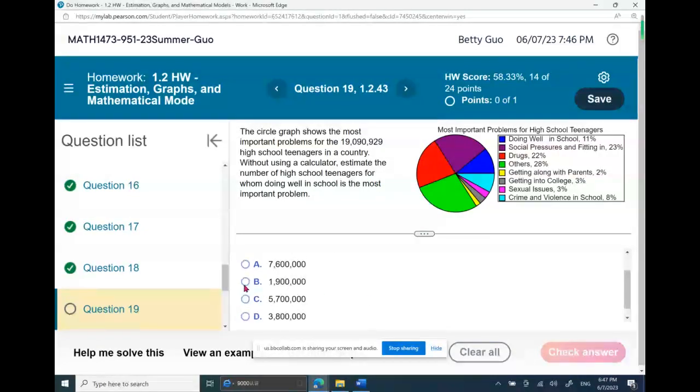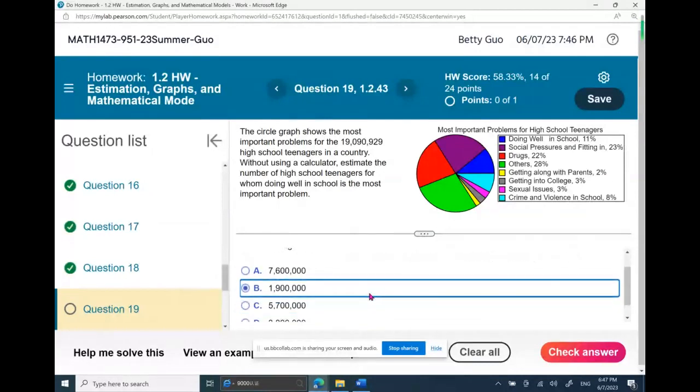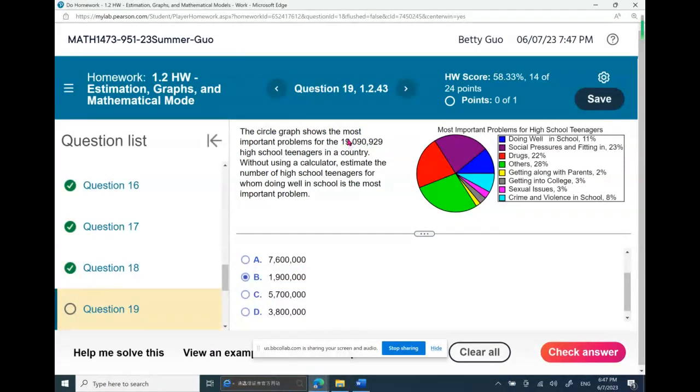We don't have 2 million, but we have 1.9 million. So the closest one is B. Actually, the problem intends us to round this number down to 19 million. 10% of 19 million is 1.9 million. Either way it is B, because all other answers are too far away.